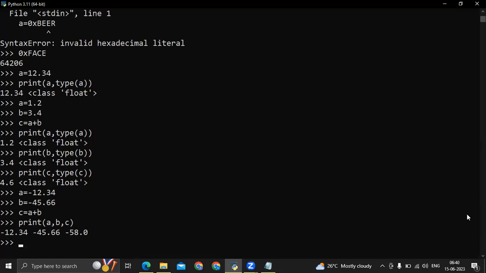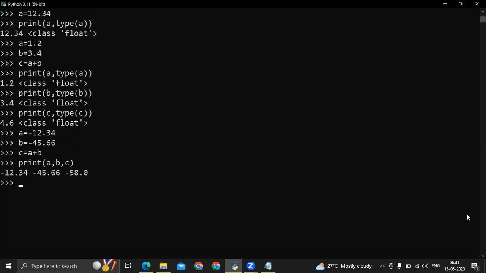Please remember, float data type does not support binary, octal, and hexadecimal systems. By default, it only supports the decimal number system. So if we try to use the binary number system, we'll get an error. Let me show you.